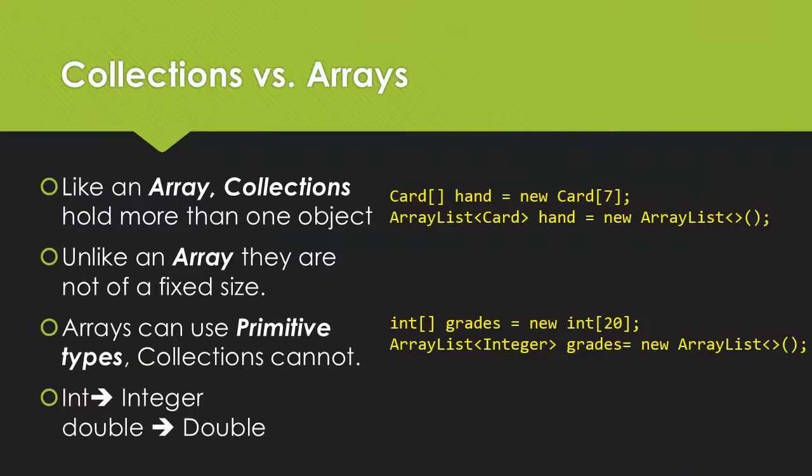Let's take a moment and discuss how arrays and collections are different. Like an array, collections hold more than one object. So up here I have an array of cards called hand, and up here I have an array list of card called hand. But unlike an array, they are not of fixed size. So when I declare my array of cards, you notice I say new card 7.